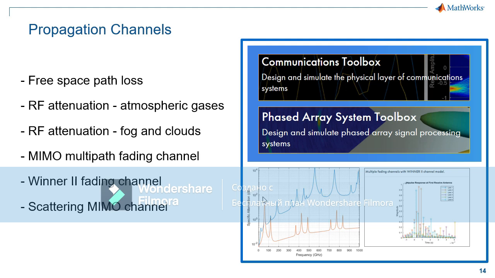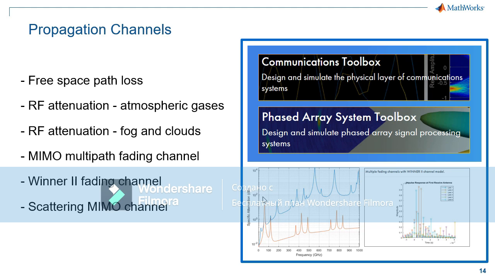There are other tools in MathWorks. We have Communications Toolbox, our base product, as well as Phased Array System Toolbox, that provide much more support in terms of propagation channels. We have free space path loss, which can be used for large distances, RF attenuation due to atmospheric gases and fog and clouds, MIMO multipath fading channels.